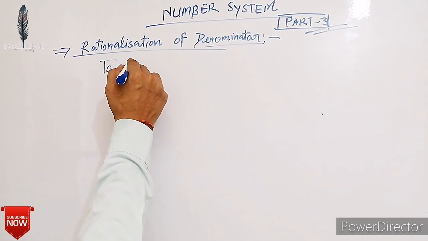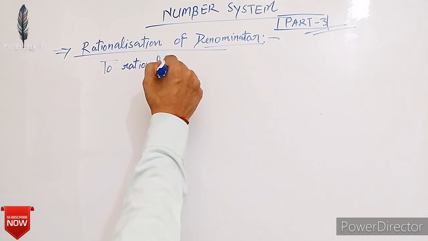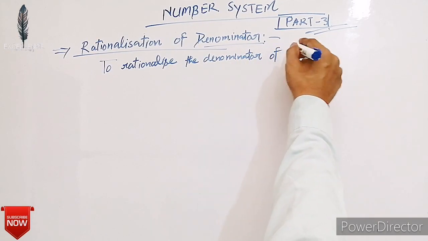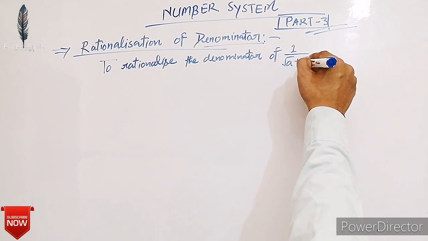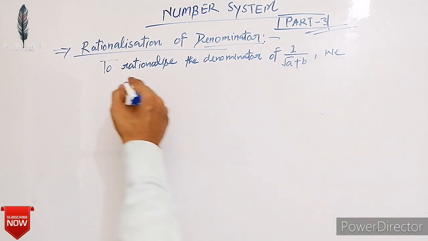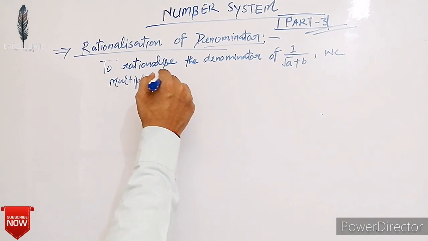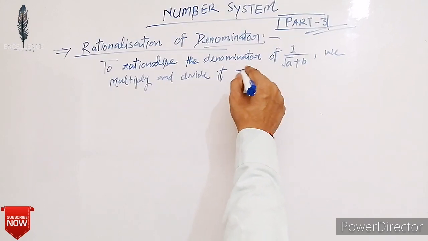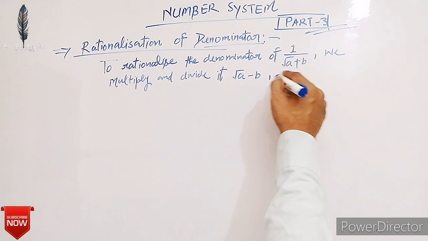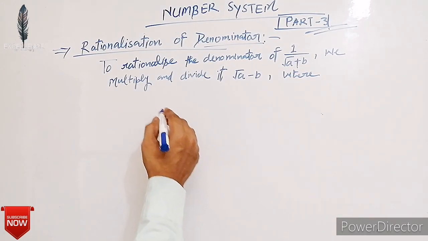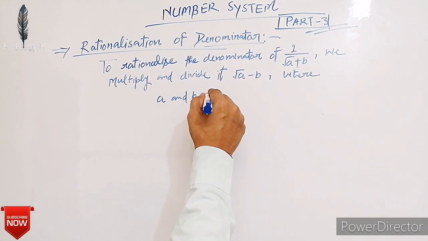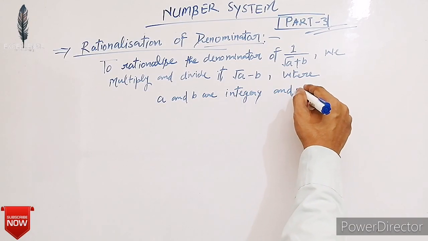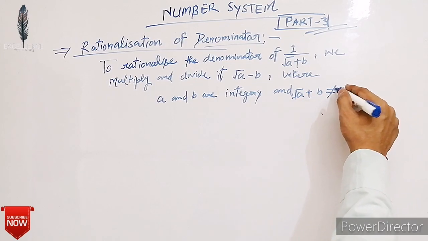To rationalize the denominator of 1 upon under root a plus b, we multiply and divide it by under root a minus b, where a and b are integers, and under root a plus b does not equal 0.